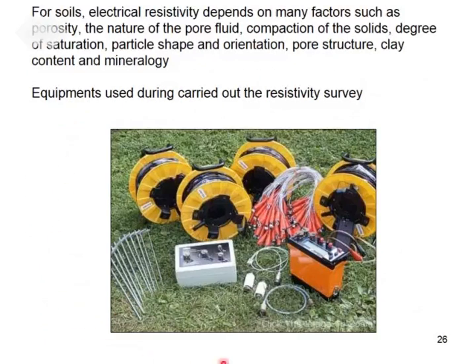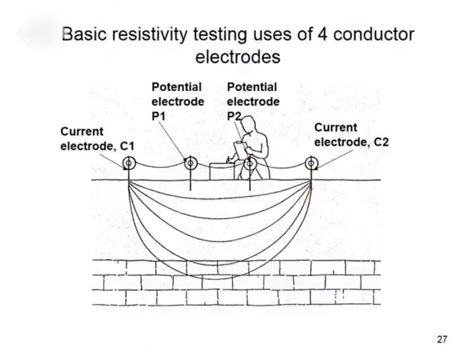This is the equipment for electrical resistivity. For basic resistivity tests, it normally requires a minimum of 4 electrodes. The first electrodes are for current, and the other electrodes are for potential receiver.